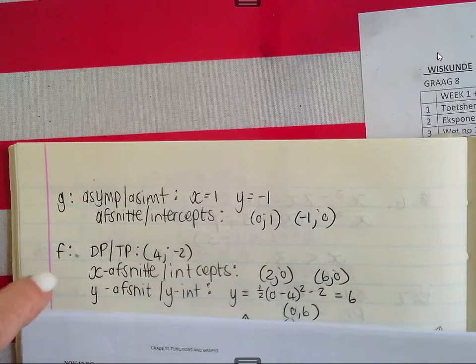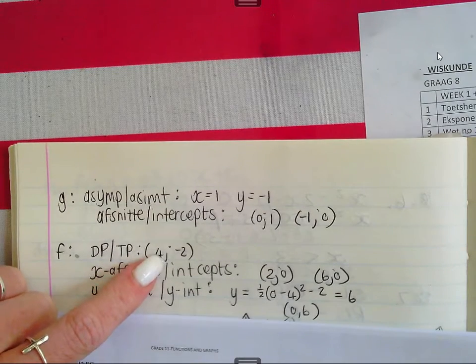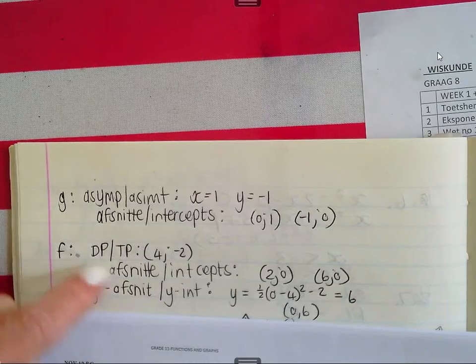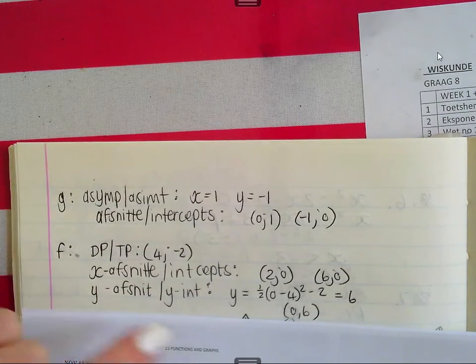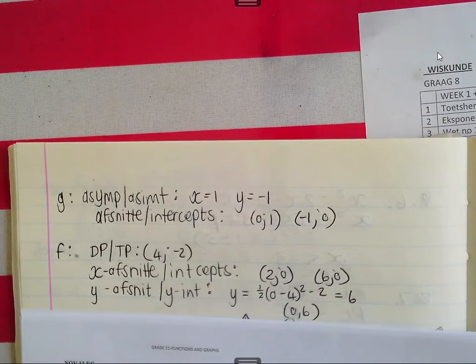With the quadratic function, it's the turning point. It must be there. The two x-intercepts and then the y-intercept. You guys were doing this in class yesterday, and I told you that you must also add the y-intercept and also the turning point. Those of you who missed the turning point, put it in.